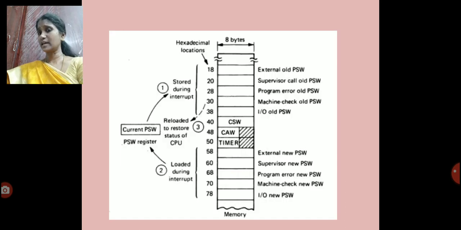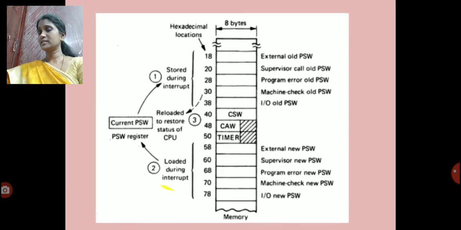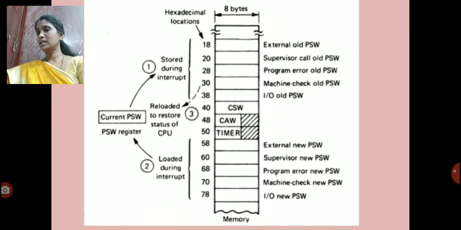So that is what happens in the interrupt handling mechanism, and this is the scenario. See the entire scenario. On the left we have locations. See number 1, number 2 and number 3. Number 1 is the program started and running.